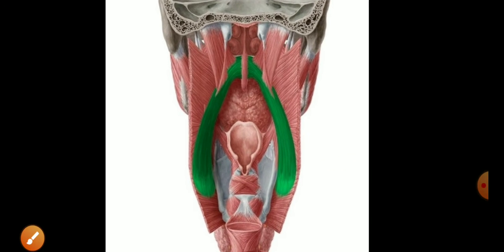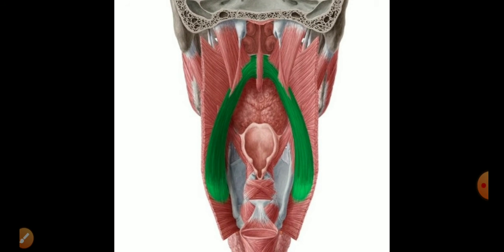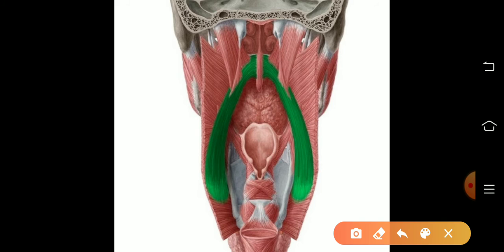Passavant's ridge is formed by the palatopharyngeus muscle, green in color. The palatopharyngeus muscle, which is sweeping horizontally backwards, joins with the upper fibers of the superior constrictor muscle.